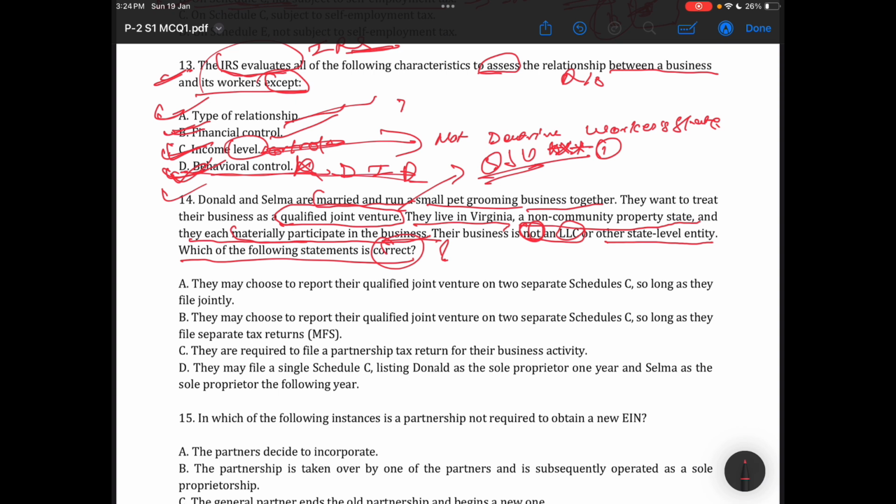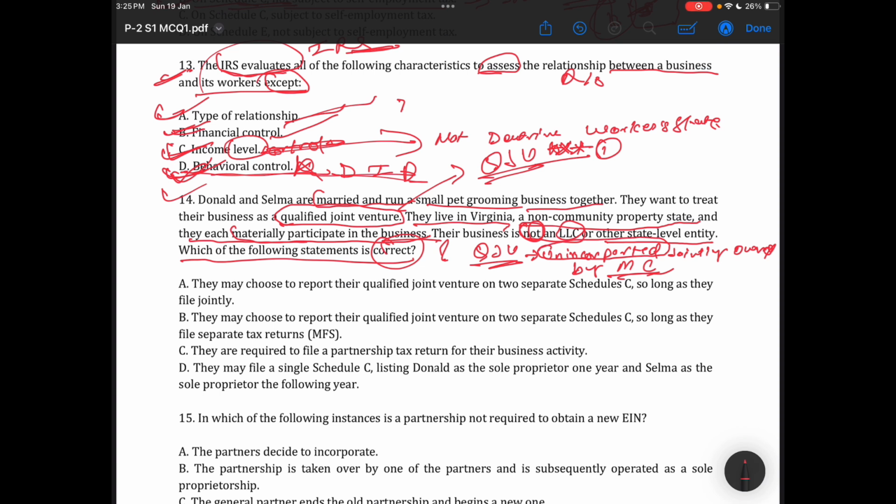I just wanted to discuss something. QJV. The QJV is an unincorporated business jointly owned by a married couple. So the most important point is unincorporated business jointly owned by the married couple.